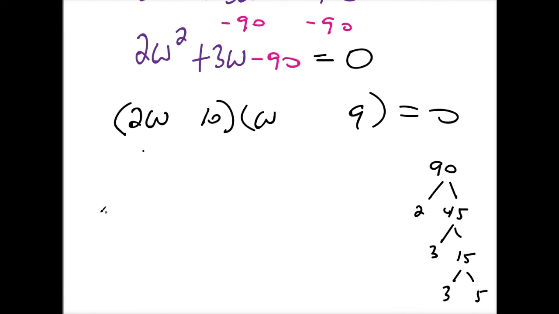I have any combination, so I could do 9 and 10. See that? That one's not going to be very helpful. And then I could do, running out of options.